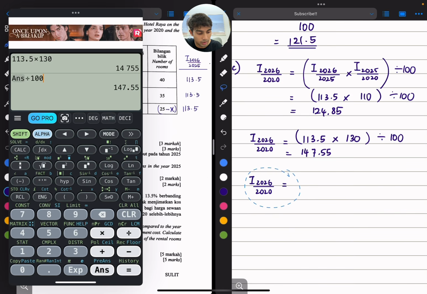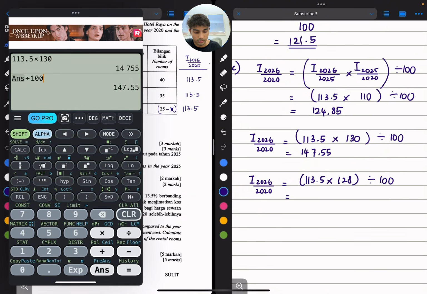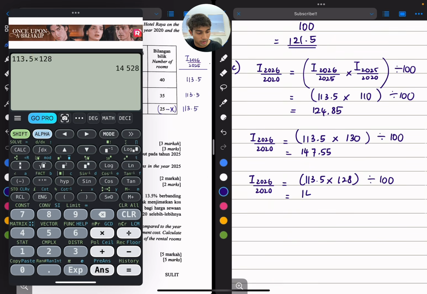Then lastly we do the deluxe room. So this times this, 128, divide by 100. You get 145.28.